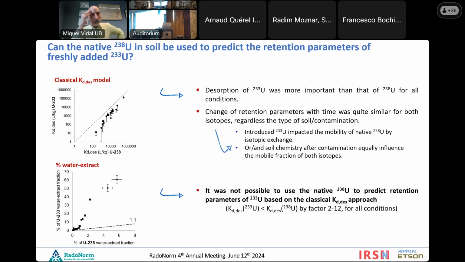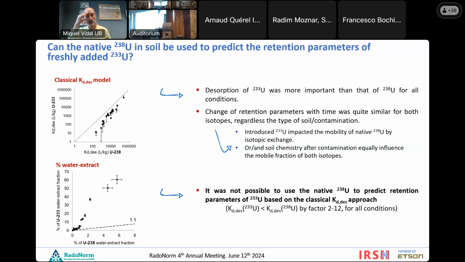Based on the one-box model, the classical model, it was very clear that the desorption KD from the recently added uranium was lower than the desorption KD based on the native uranium by a factor that sometimes was of one order of magnitude. The same was observed with respect to the water extraction, which was much higher, again by an order of magnitude, as you may see in the figure on the left.